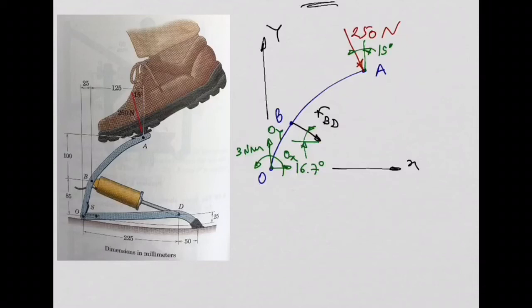So the first thing we need to build is the resultant of the forces. The X component of all these forces. Which X components do we have? OX, yeah. What else? FBD times what? Cos 16.7, good.